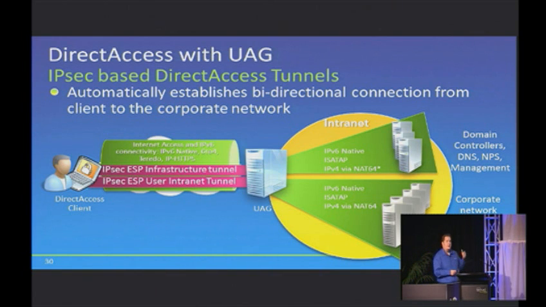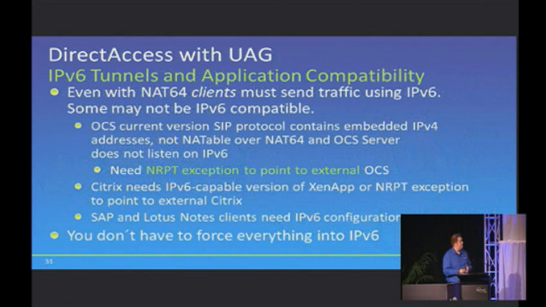The DNS queries to the internal network used the first tunnel, and everything else that the user uses goes through the second tunnel. So that's the main idea when you're using DirectAccess.